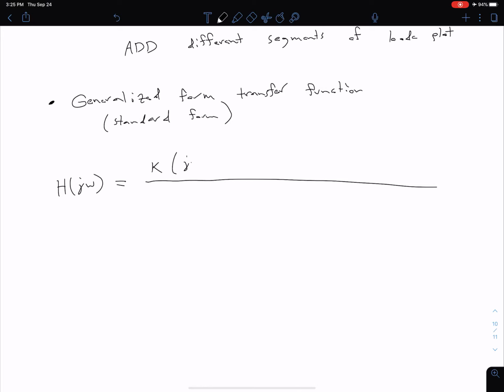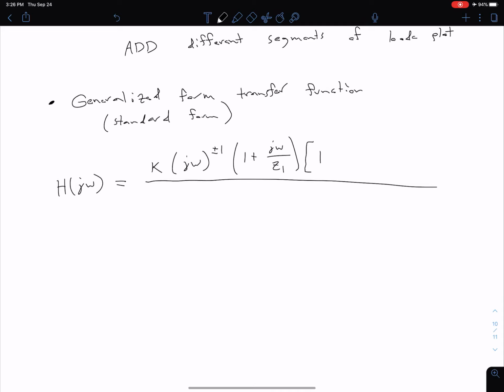We have j omega, which can be to the plus or minus 1. In the numerator, we also have 1 plus j omega divided by z1. So z1 is going to be a zero. We still have these zeros, and we're going to see later poles still hanging out, just in a slightly different form.